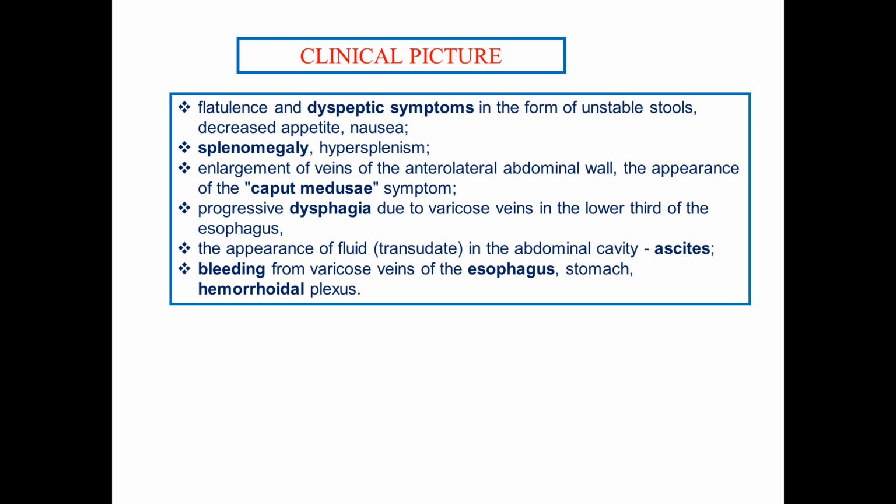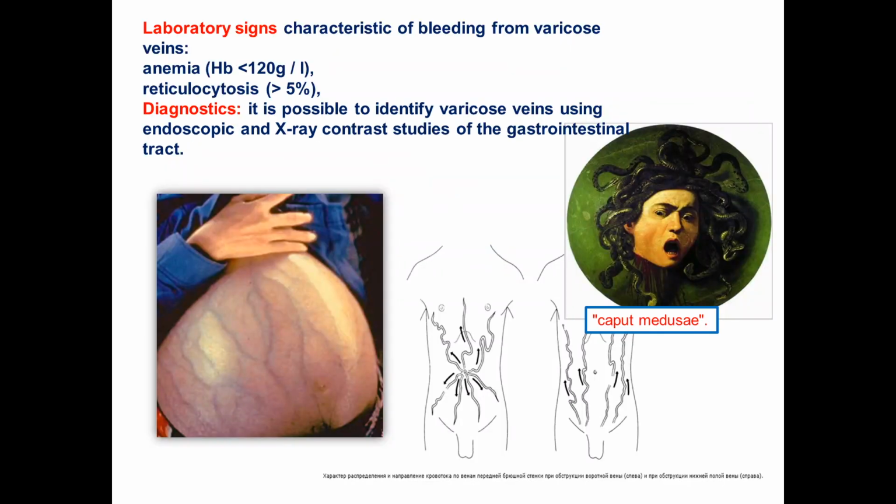Splenomegaly is when the spleen enlarges. Hypersplenism is increased function of the spleen. Enlargement of veins of the anterolateral abdominal wall gives the caput medusae symptom. Progressive dysphagia appears due to varicose veins in the lower third of the esophagus, and fluid transudate appears in the abdominal cavity, developing ascites. Bleeding may also develop from varicose veins of the esophagus, stomach, and hemorrhoidal plexus.